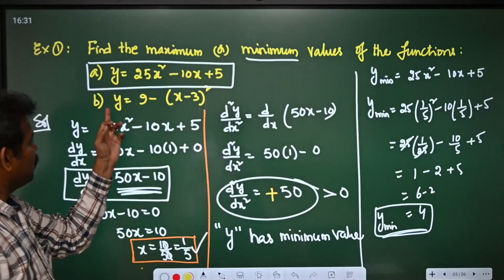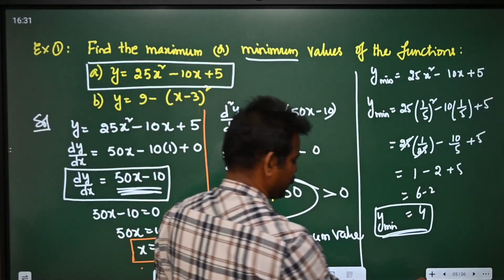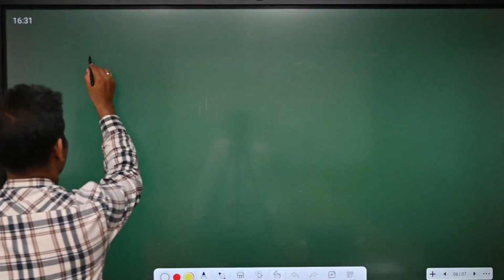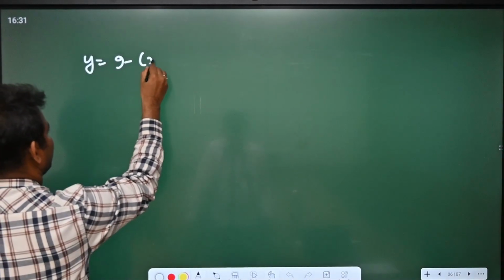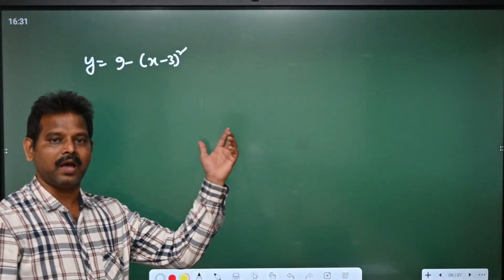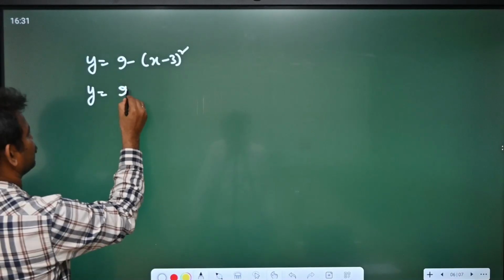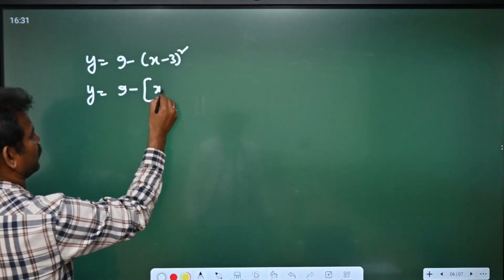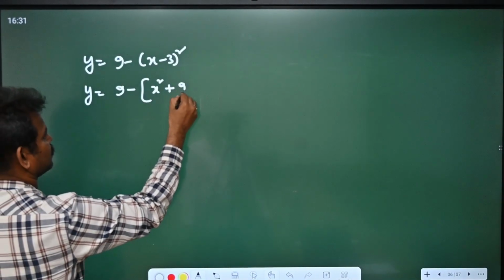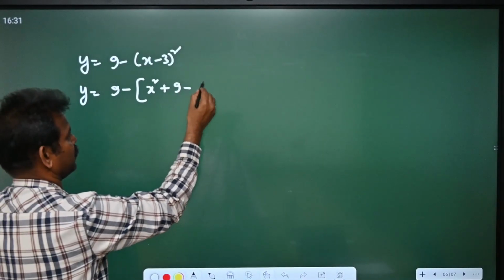Now second one, y is equal to 9 minus x minus 3 whole square. Now we need to find out the maxima or minimum value of this function. So first of all, let me expand this equation, a minus b whole square, that is a square plus b square minus 2ab.